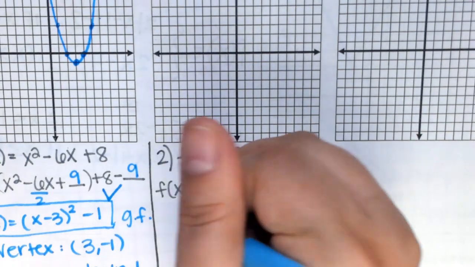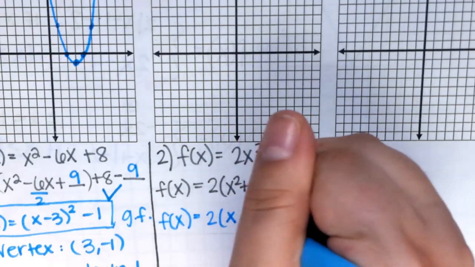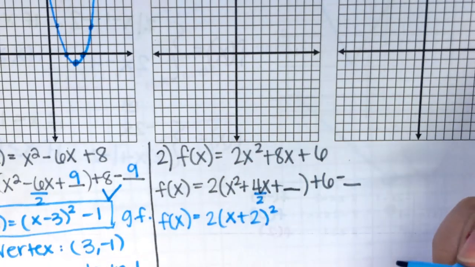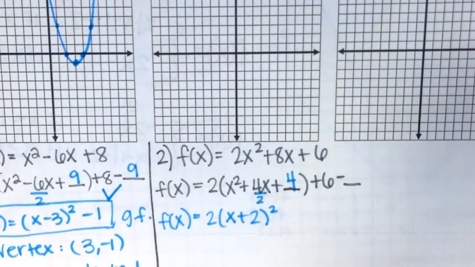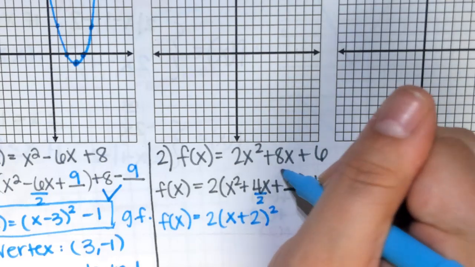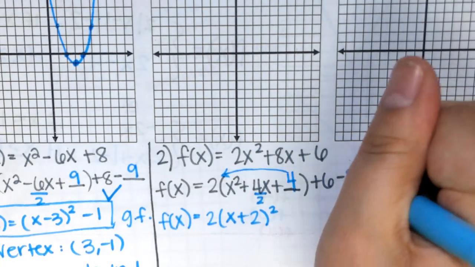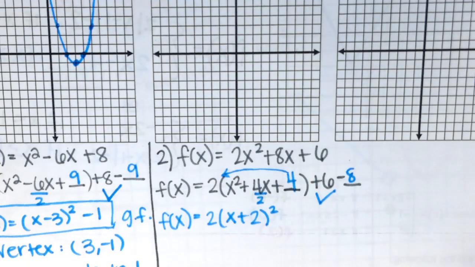Divide it by 2, which is going to give me (x plus 2) squared is 4. Am I going to put that in both blanks like I did last time? No. Because I have this a out front, I have to do 4 times 2, which is 8. What is 6 minus 8?